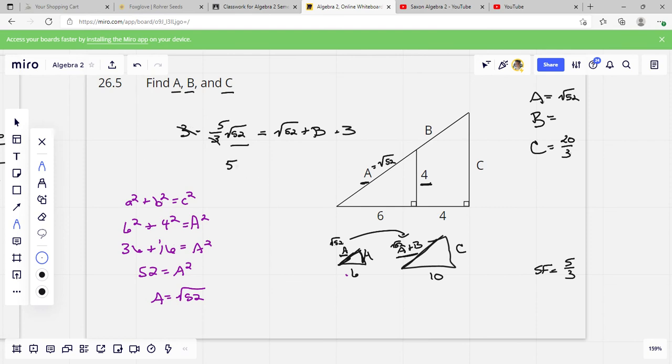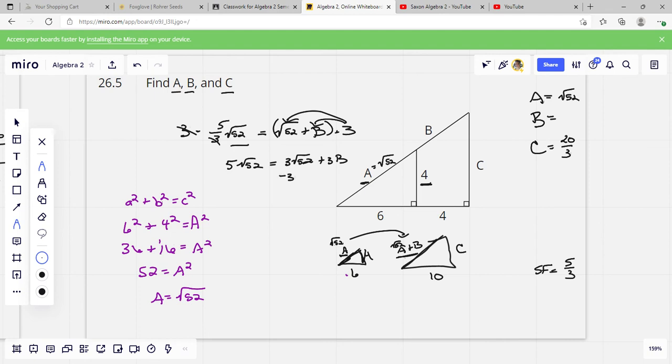So we're going to have 5 times the square root of 52 equals, I got to multiply that times 3, so that would be 3 times the square root of 52, right? And then 3b plus 3b. Now, these are like terms, 3 times the square root of 52 and 5 times the square root of 52.